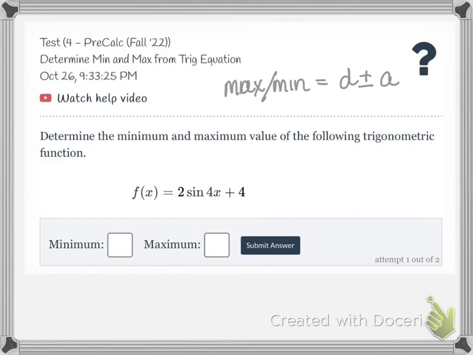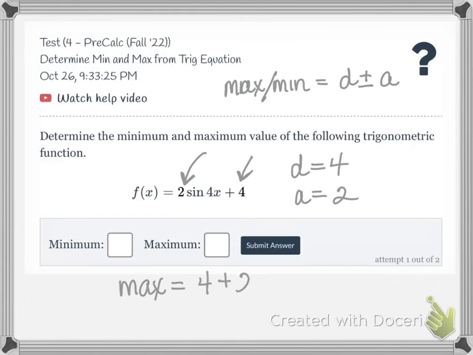My D value in this problem is a 4. This is my D value. Write down whatever you see. My A value in this problem always has to be positive. It's always going to be in front of the sine or the cosine, and it's already a positive number. So when I need to find my maximum, I'm going to do 4 plus my A, so in this case it is 6.